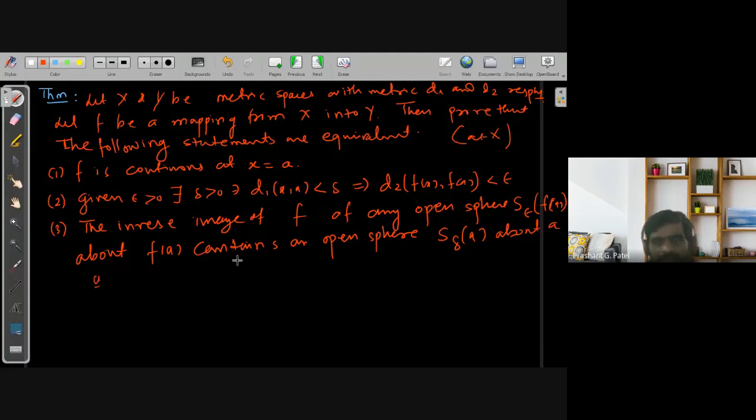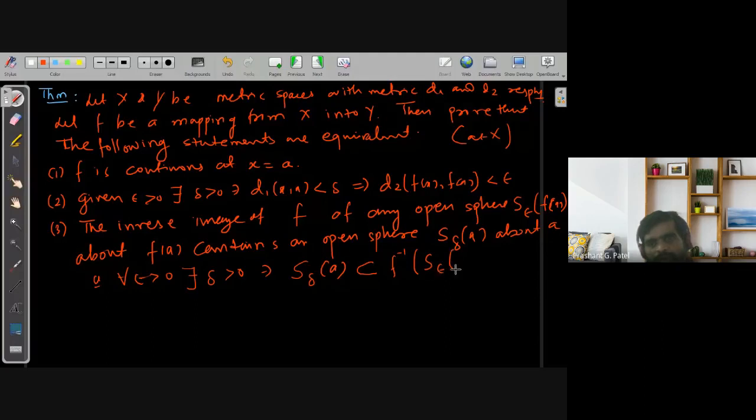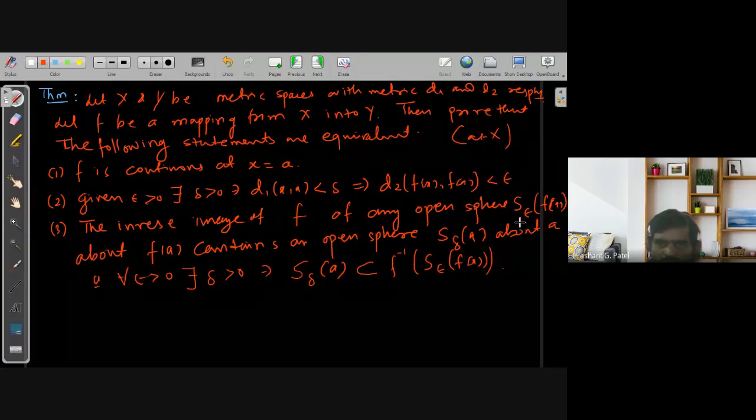That means for every epsilon greater than 0 there exists a delta greater than 0 such that S delta of a is a subset of f inverse of S epsilon of f(a). So it says that the inverse image of any open sphere of f(a) contains an open sphere about a.